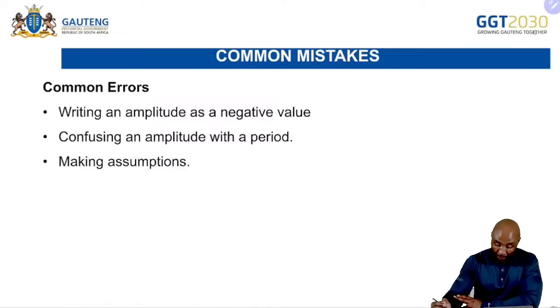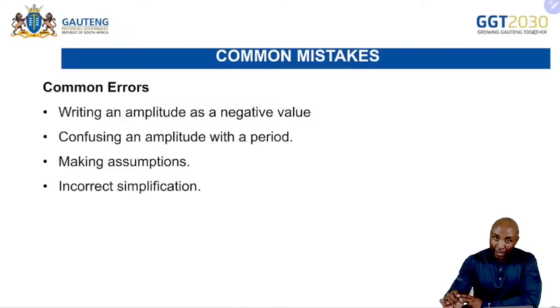Please do not make assumptions. Incorrect simplification, analytical geometry, I know. If they have not said a point is a midpoint, you can't use the midpoint formula. If they have not marked the sides as equal or the angles as equal, there is no bisection, so we can't use the midpoint formula there.